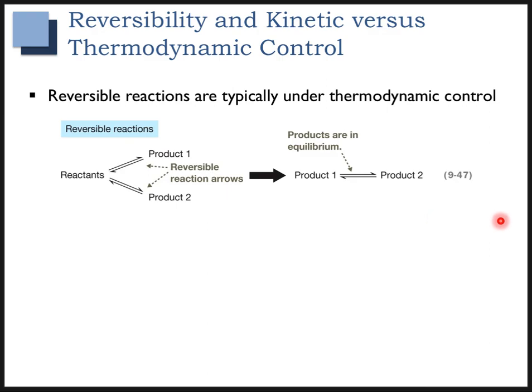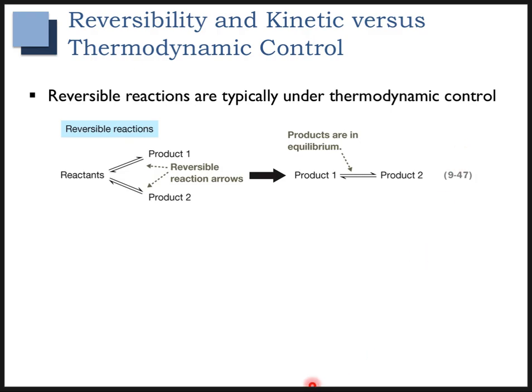So let's briefly go back and talk about what reversible reactions mean in terms of kinetic versus thermodynamic control. Reversible reactions are typically going to be under thermodynamic control. And if you remember those thermodynamic control reactions, the products were very favored, right? The products were much lower in terms of energy.